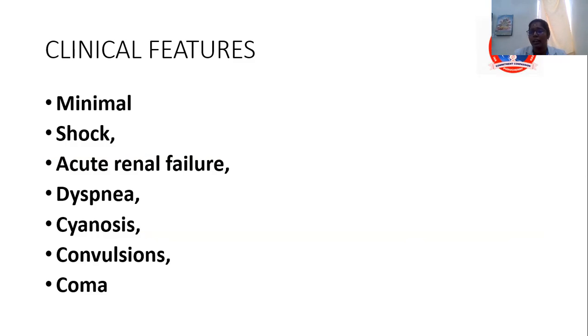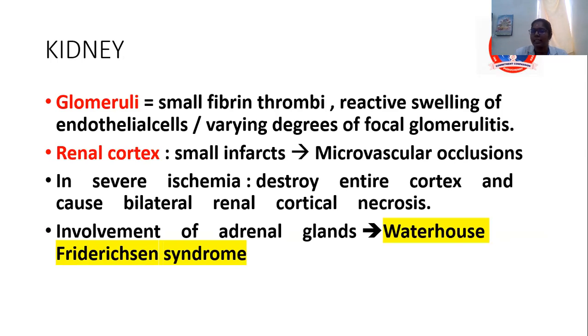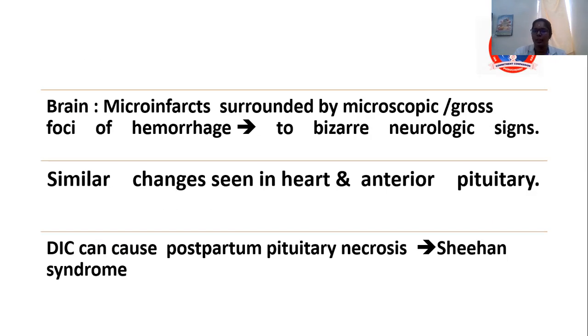So far, we have seen the morphological changes that occur in DIC. First thing is kidney change. In the glomeruli, we see fine small thrombi, and these thrombi can lead to ischemia followed by renal cortical necrosis. If it involves the adrenal, it may go for Waterhouse-Friderichsen syndrome.